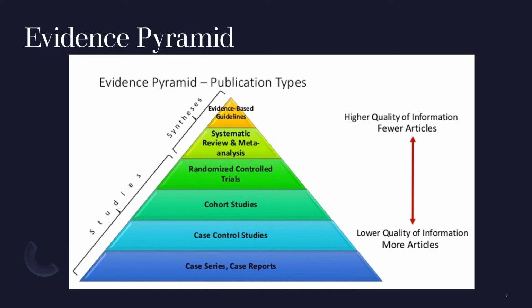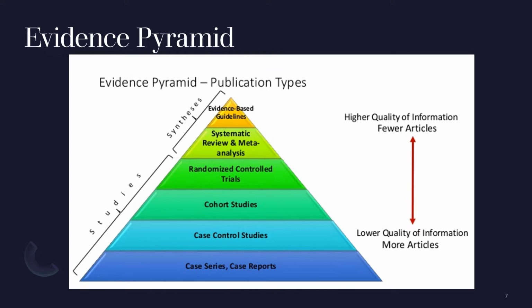At the next level are randomized controlled trials, and they're lower on this pyramid than the evidence-based guidelines at the top, because randomized controlled trials typically don't take place in the real world. They're very idealistic, and so the population is smaller in which to study the outcome of interest, and it's hard to generalize when you are holding people to such strict criteria, those required for conducting a randomized controlled trial.